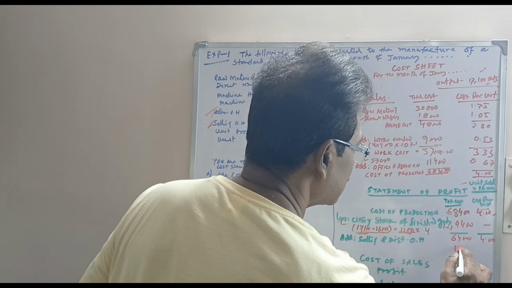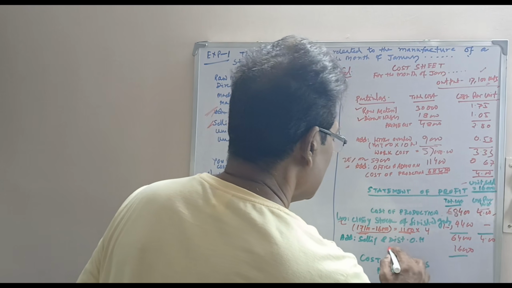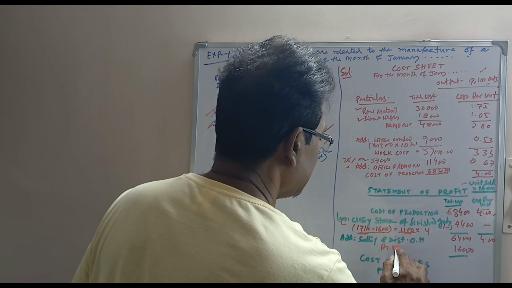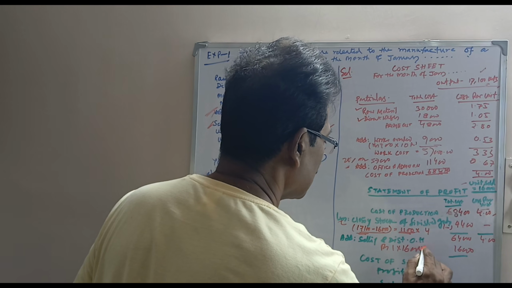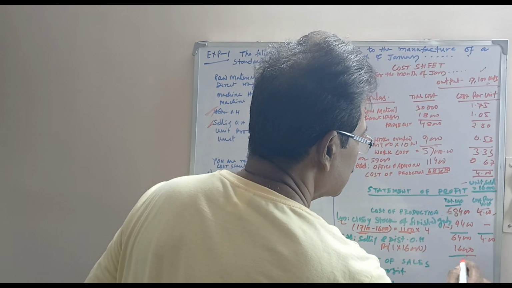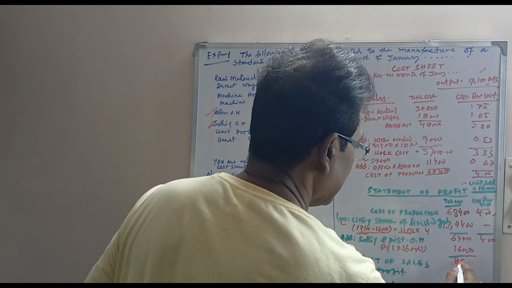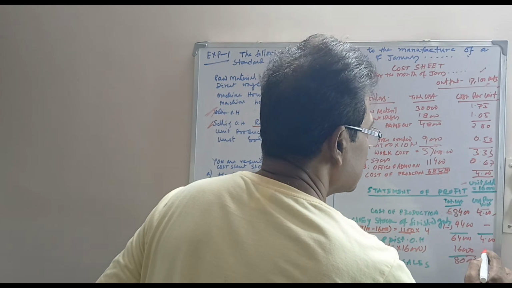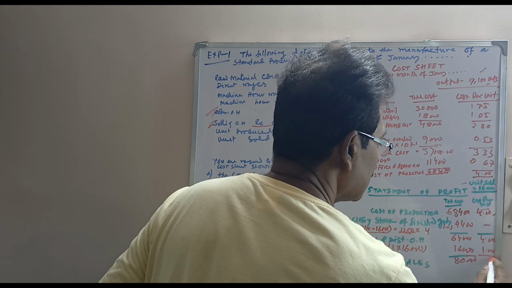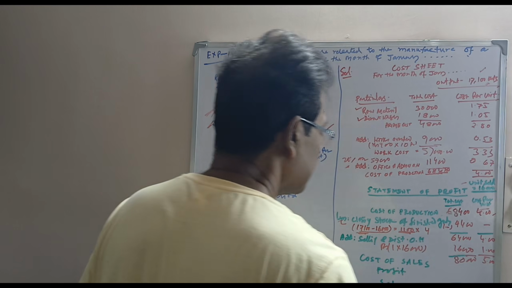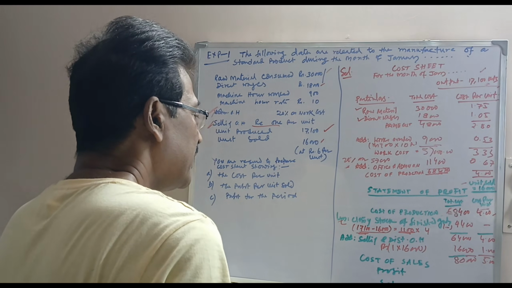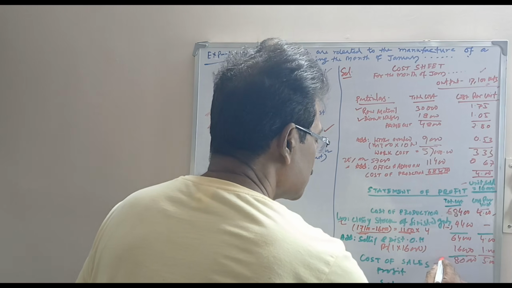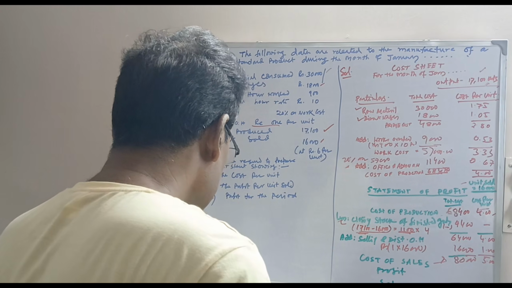That means ₹1 into 16,000 will come out to 16,000. Then 80,000, and this is 1 per unit, making 5 per unit. This is the cost of sales.